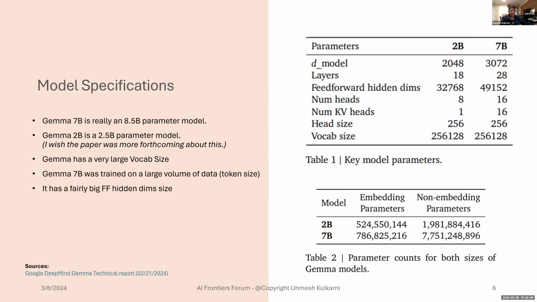Junling, if you have any comments on that, am I missing something? I believe it's a typo because it should follow the convention, and the 2B follows that, right? So yeah, there's no reason 7B should be different. Exactly. And I have not seen any model card yet where this has not been true.